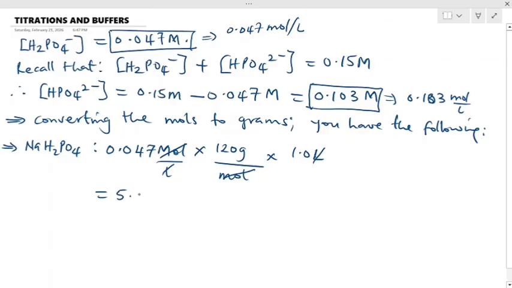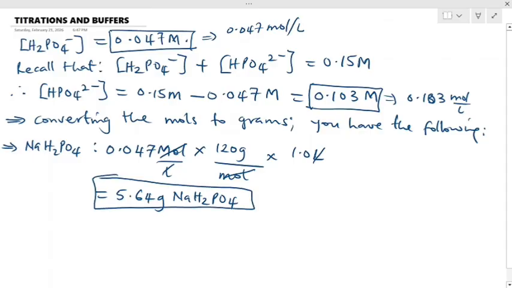So when that cancels out, what you have is 5.64 grams of what? Sodium dihydrophosphate. Okay, so this is the answer that is required. 5.64 grams.